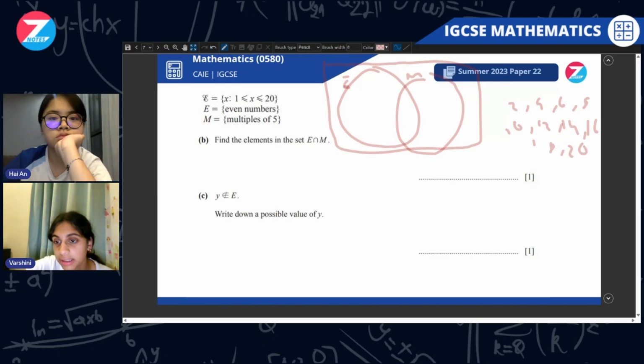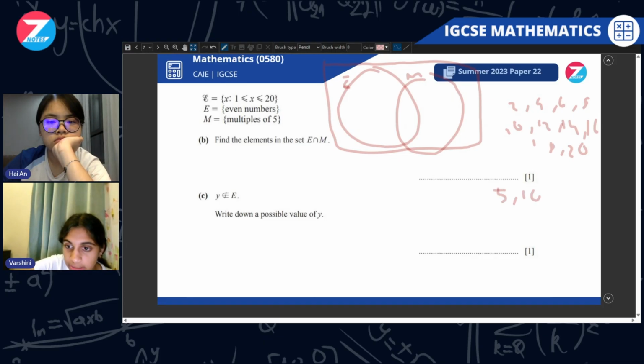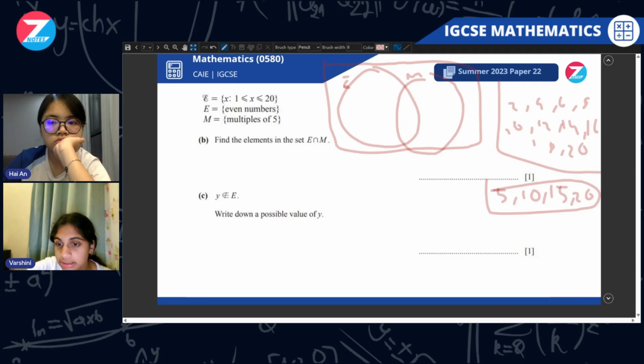Now we also have our multiples of 5, which is just 5, 10, 15, 20. Now what are the numbers that come in both this and our multiples of 5? We can see that 10 is obviously being repeated, and so is 20.